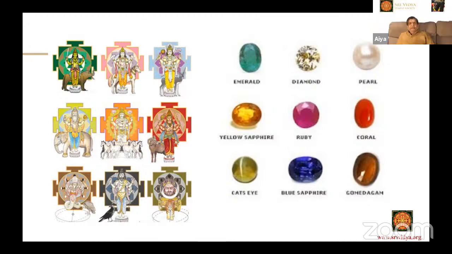This can set you back by at least $3,000 in Canada. This ring, if it is an excellent quality, will set you back by about $3,000. And I would always advise you, when you're going to get a ring for Navagraha, get it made. Don't go and just buy it off a shelf.